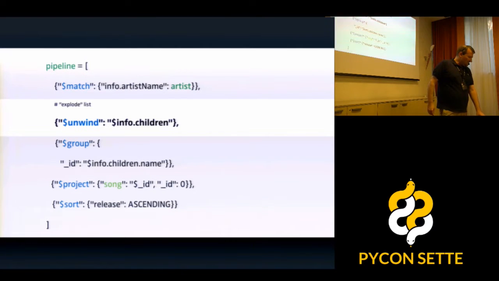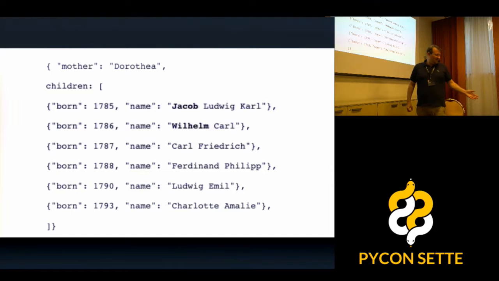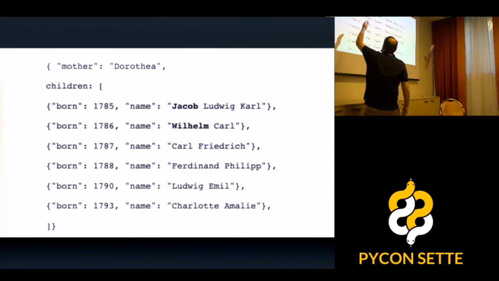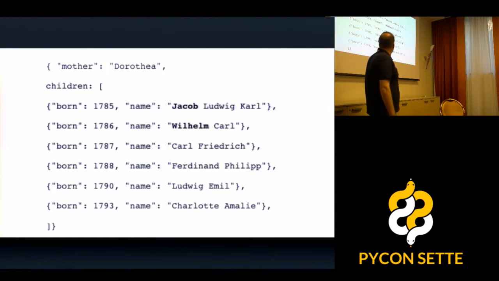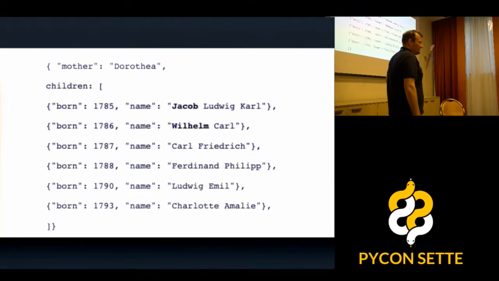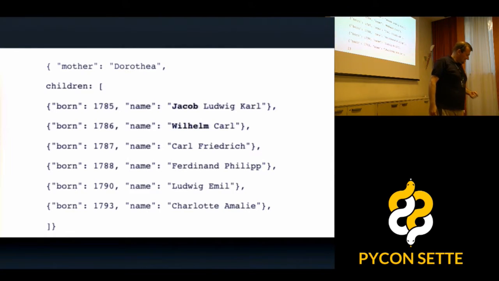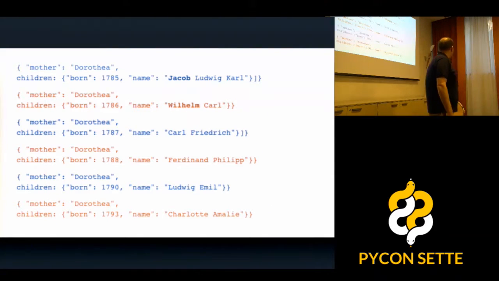I've made up another example. For example, we have here Mother Dorothea, and Mother Dorothea has 6 children. And two of the children are really famous. That's the Brothers Grimm at the beginning. And what happens if we unwind that list? Basically, we just get this back.